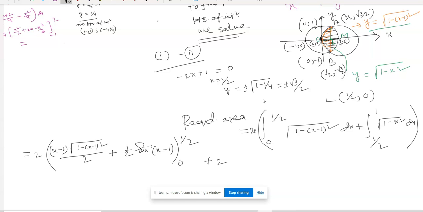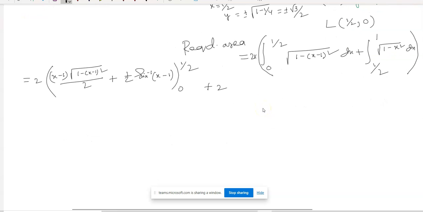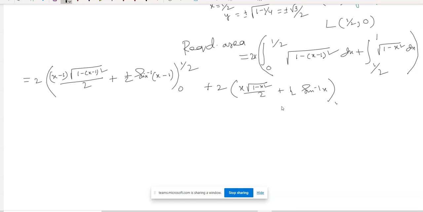This plus 2 into the integral from half to 1, but the integration you can do in one step only, that is x by 2 root, similar type, plus a square by 2 sine inverse, and this will be from half to 1.